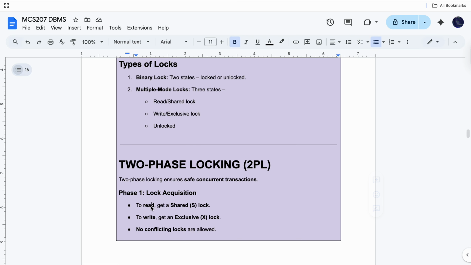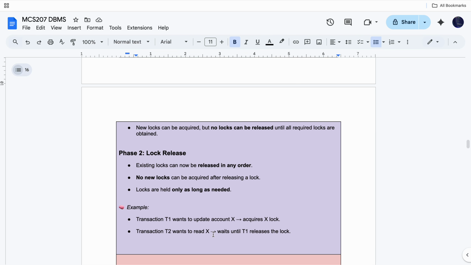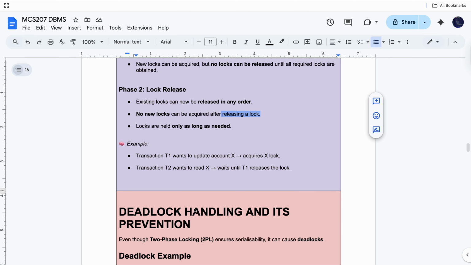In the growing phase, lock to read and share, lock to write and get exclusive access, and no conflicting locks are allowed. In the shrinking phase, existing locks can be released, but no new locks can be acquired after releasing a lock. Locks are held only as long as needed.